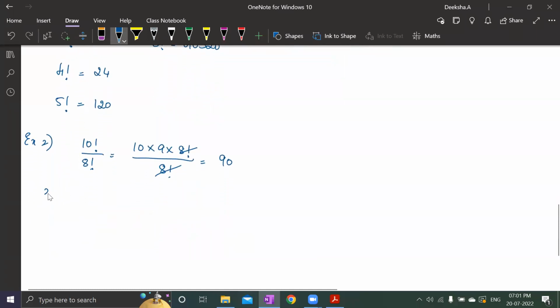Let me give another example. You tell me the answer for this. I'll have 7 factorial by 4 factorial.